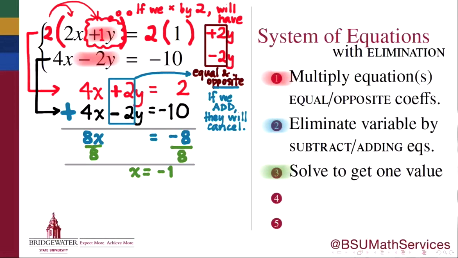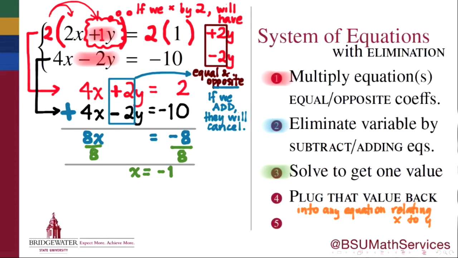Now that we know what specific value x takes, the end game is the same as with any other technique of solving a system of equations. We can plug this specific x value back into any of the original equations that related x to y, and then use that equation to discover the value y must take.